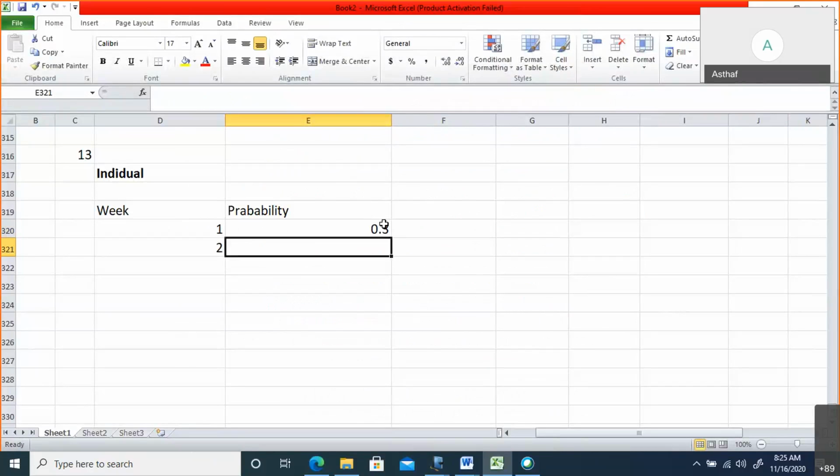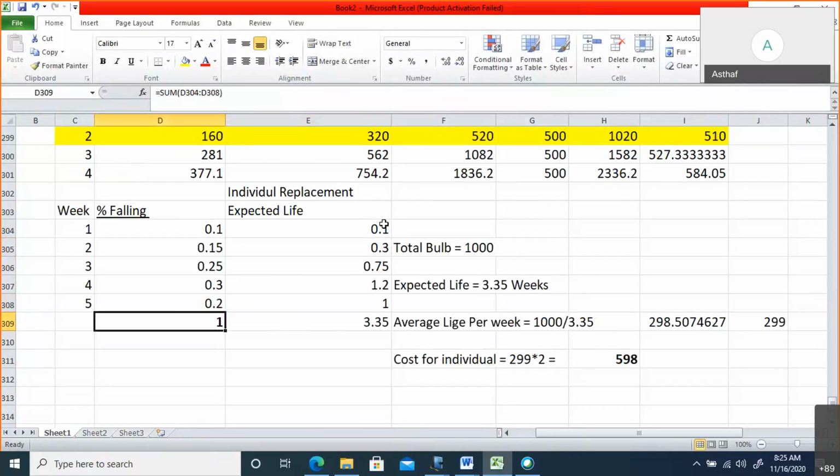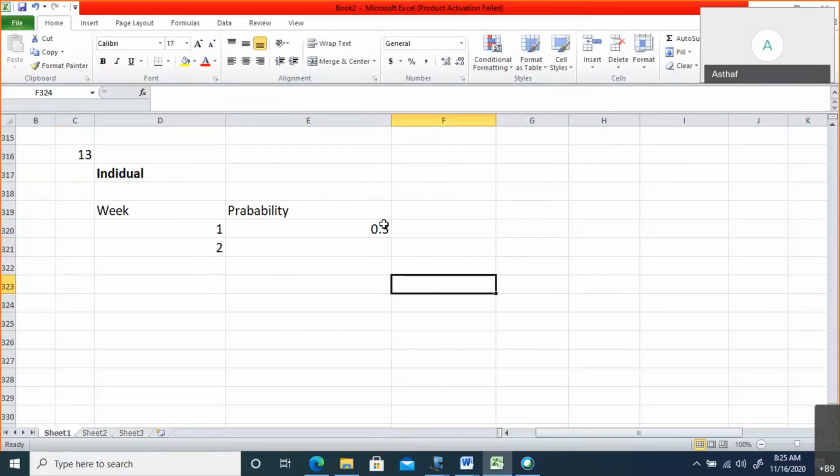My dear friends, very tasty question. The first week 0.3. See my friends, in any question we did here, look here, the probability total must always be 1.